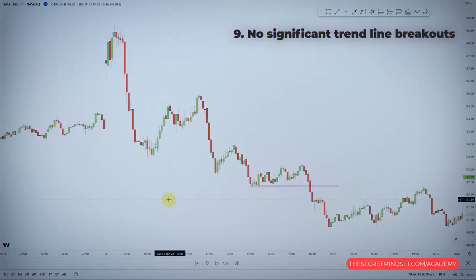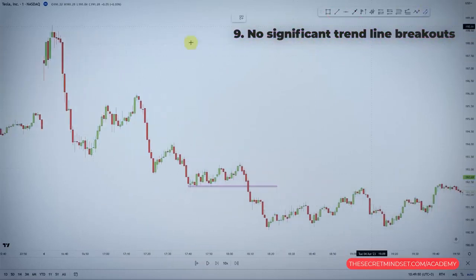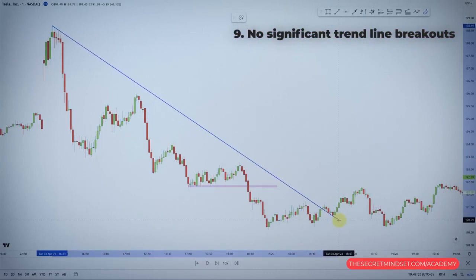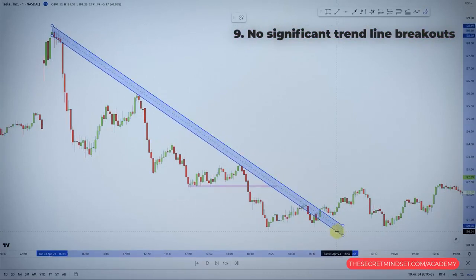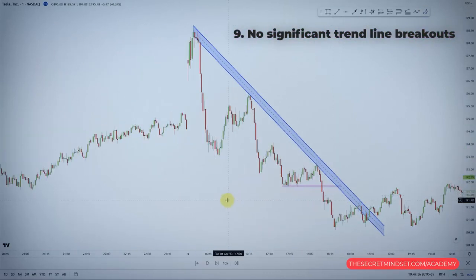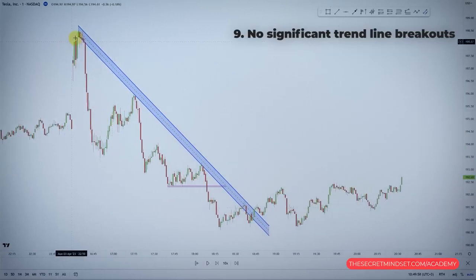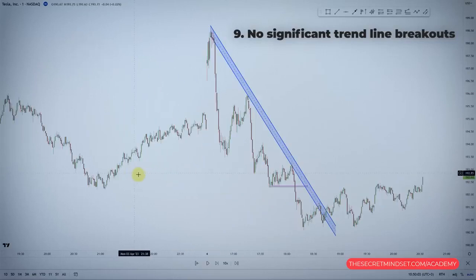Number 9. No significant trend line breakouts. Plotting trend lines on a chart is one of the easiest ways to get a quick idea of a market's trend or direction. When drawing trend lines in a downtrend, you draw them above the price, connecting the high points.